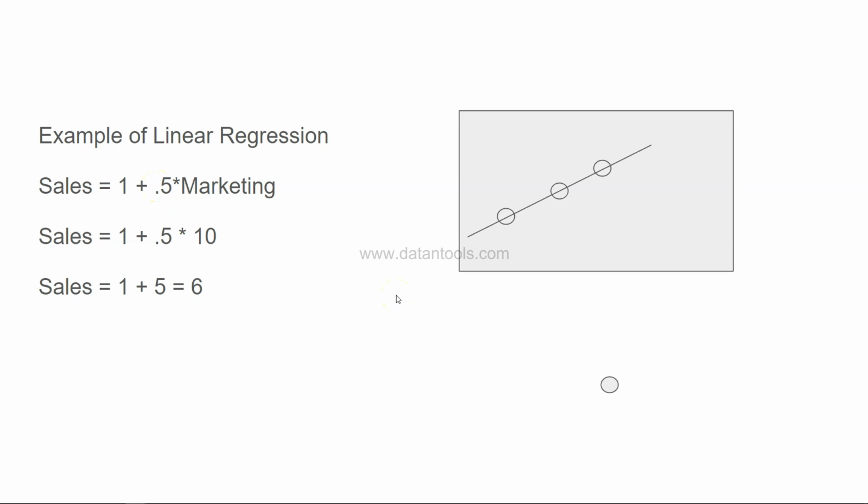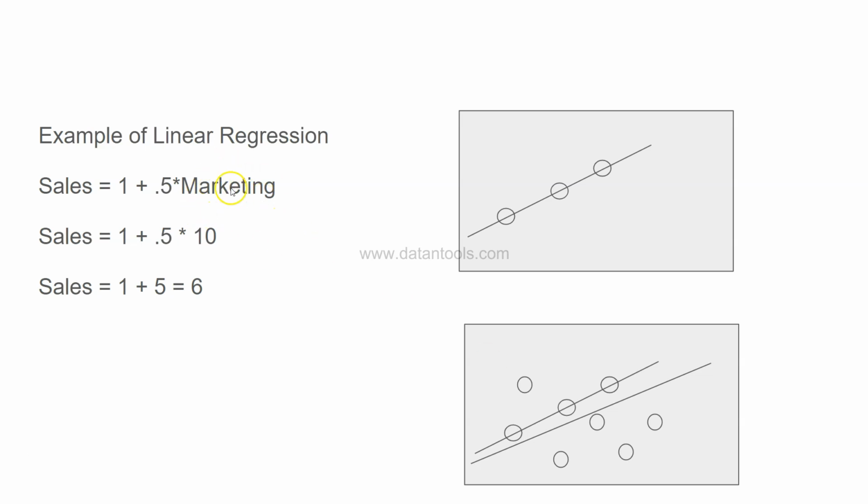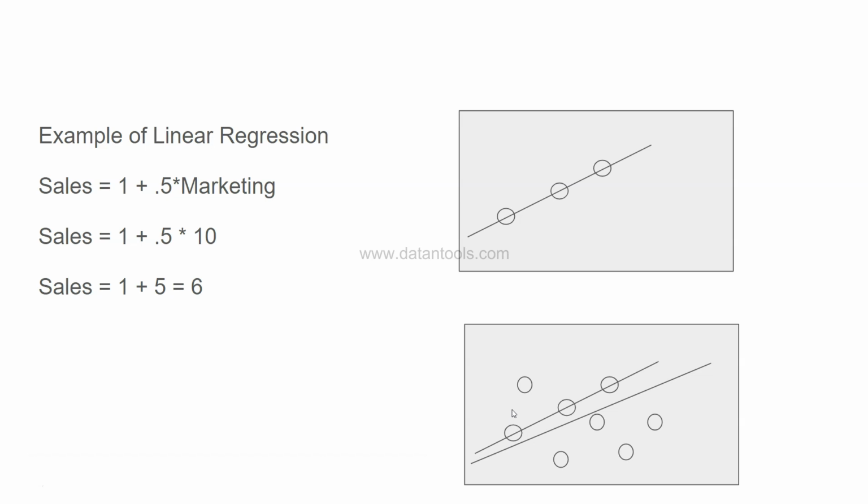But if we give a bit of a twist to this by adding one more chart over here, as you can see, this is our original line, but let's say there are new data points which have been added like this and this. In scenarios like this, when you test your model, it will not give the accurate output, right?